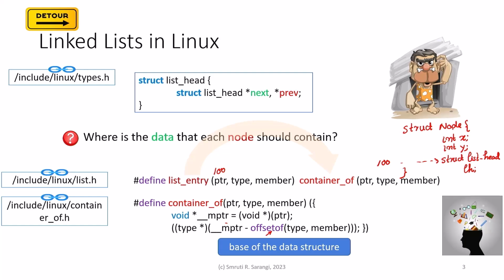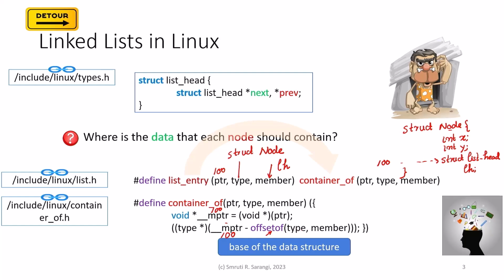The type here is basically struct node, and the member is LH. Alright, LH is the LH member of struct node. So the value of the pointer is also 100. At this point, I make it 100.